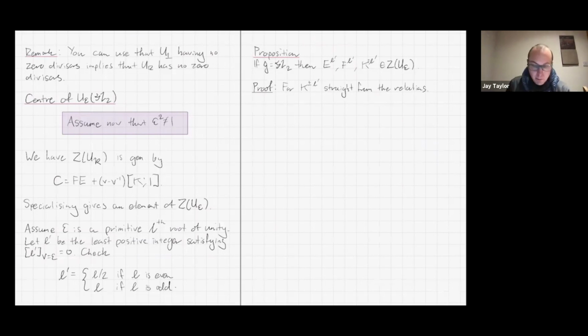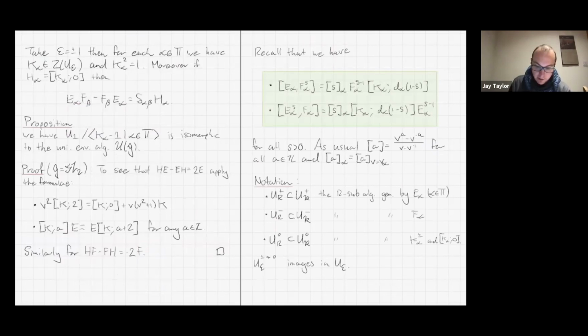For E^l' and F^l', what we want to use are the commutator relations that we wrote down here, and you'll see why l' plays a role, because it's exactly going to make this term vanish.